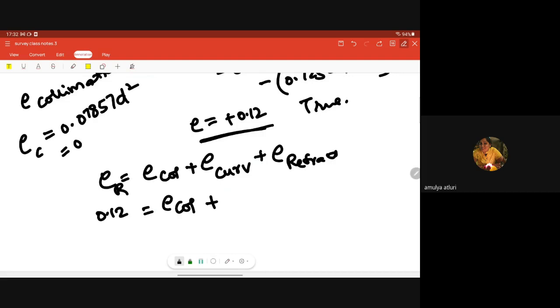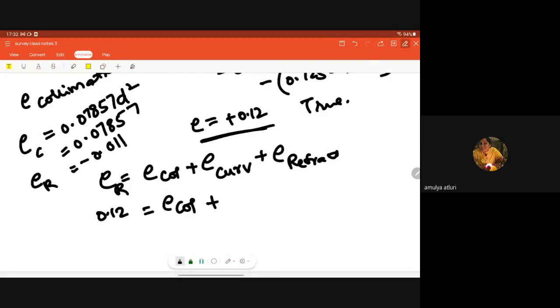So my EC value is 0.07857. Next, what is the ER value? It is minus 0.01122 into D squared, right? So here we got the E value, EC and ER values.